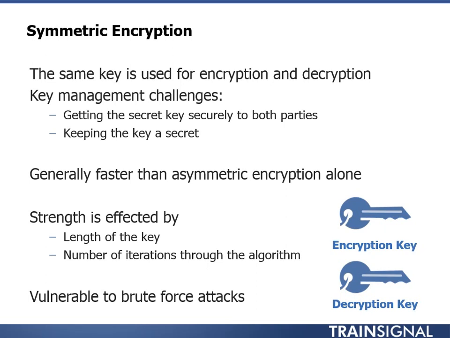The longer, the better, generally, though, of course, the algorithm itself is very important, and as well, the number of iterations going through the algorithm. So we'll discuss encryption algorithms in more detail in a different lesson, but there's DES, which is not a great algorithm, and then there's triple DES, which goes through the DES algorithm 3 times.